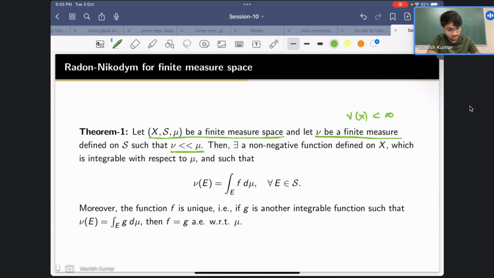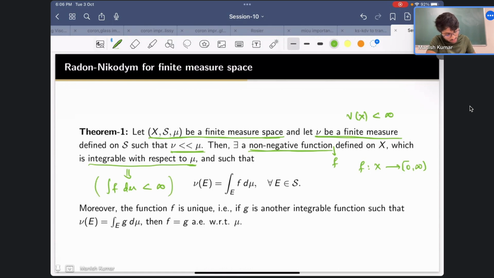Then the theorem says that there will exist a non-negative function f defined on X, that is, a function f from X to [0, infinity), which is integrable with respect to mu. Integrable with respect to mu means that the integral of f d mu is finite.